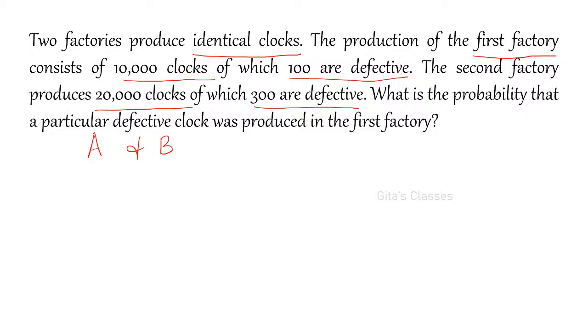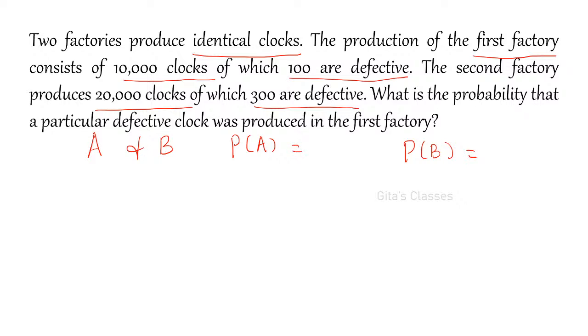What is the probability that a particular defective clock was produced in the first factory? We have to find out P of A and P of B.